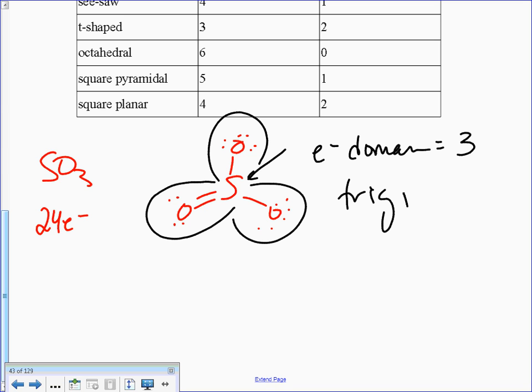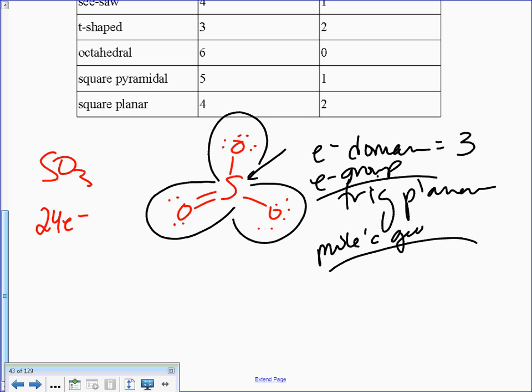Trigonal planar, okay? So what you should see here is that if there are no lone pairs around the central atom, the molecular geometry is the same as the electron group geometry. Because, like I said, you only count the atomic structure in the molecular geometry. In this case, they actually are exactly the same. So electron group geometry is trigonal planar, and molecular geometry is trigonal planar.